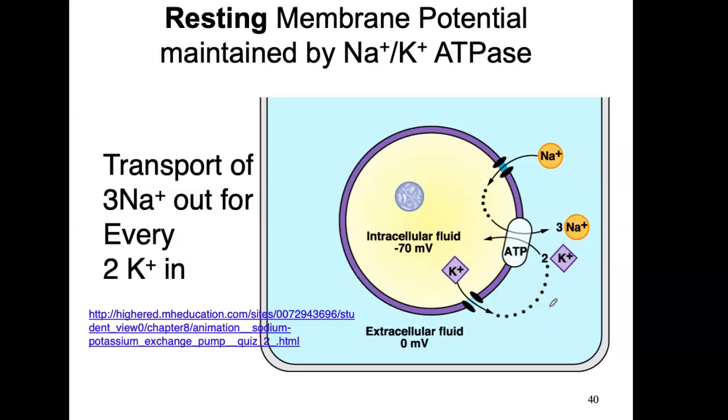And the interesting thing is that that carrier there transports 3 sodium out, 3 atoms of sodium out for every 2 potassium that it brings in. It's just unequal in number, but that's the way it works. And I do have videos for you to watch in the other section of my Canvas.